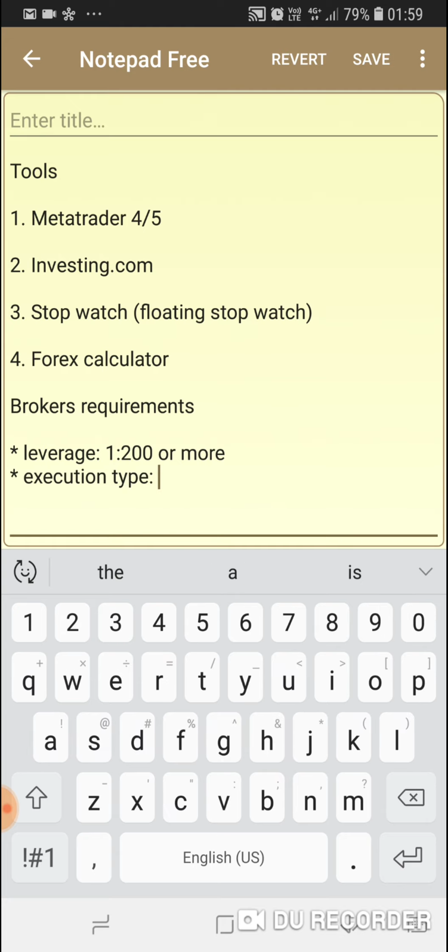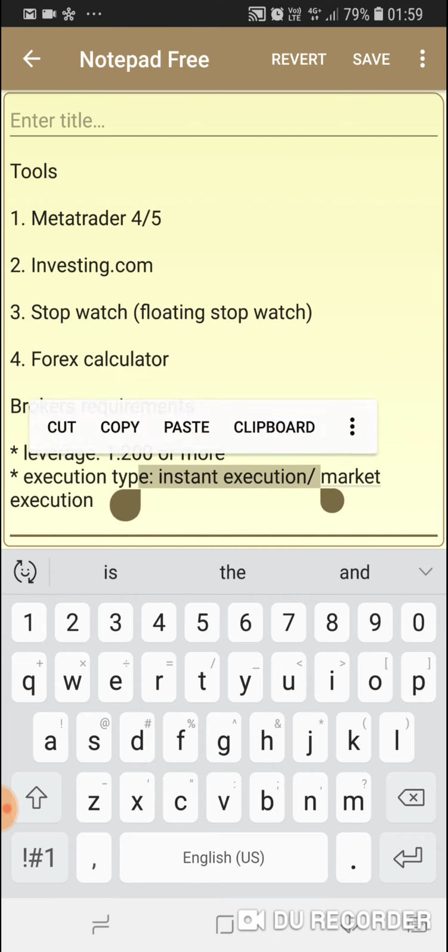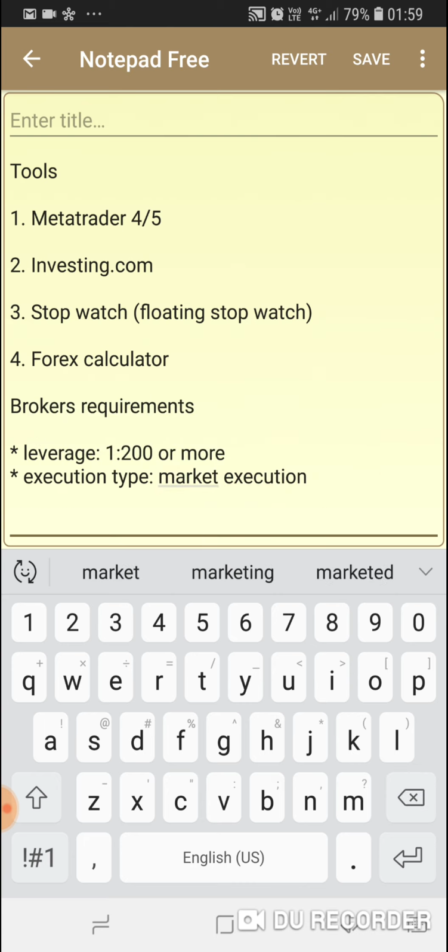Remember, we've got only two of them: instant execution and market execution. The difference between the two is that instant takes time to load, whereas market execution gets in the market immediately. So for the 1 minute strategy, you strictly need a market execution type of a broker.